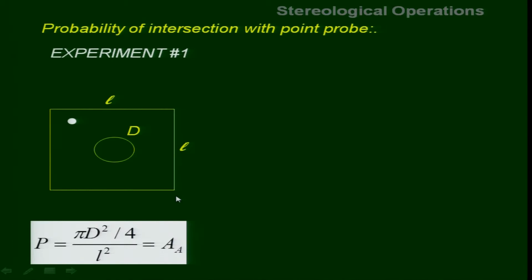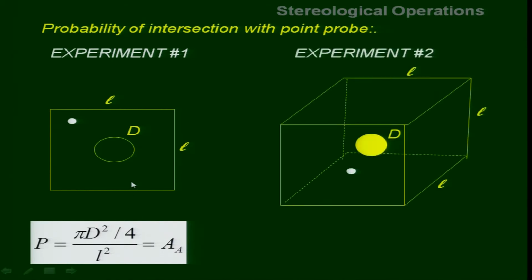Similarly, I could go to a 3-dimensional space as experiment number 2, where instead of a circular shape I have a spherical shape of diameter d inside a cubic box of dimensions L by L by L. Again I ask, what is the probability that a randomly placed point inside this cubic box will fall inside this spherical shape?